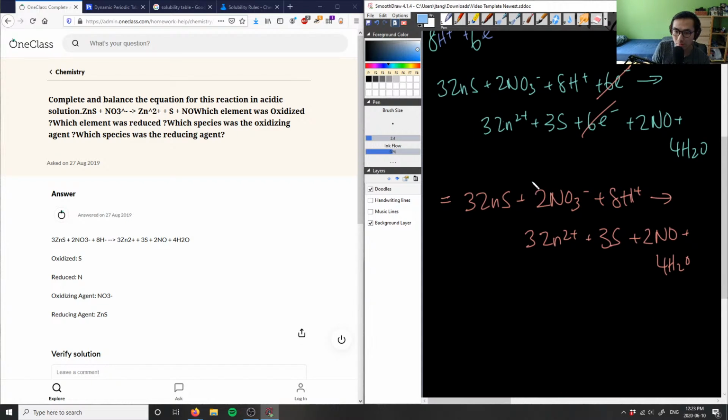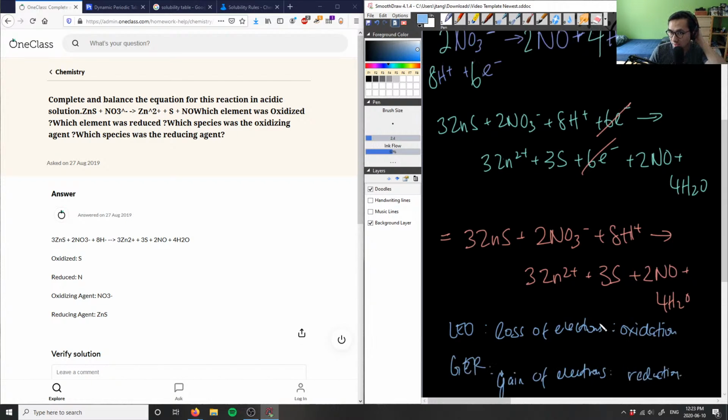Remember, our rule says LEO the lion says GER, which is the mnemonic for oxidation and reduction. The loss of electrons is the process of oxidation, and the gain of electrons is going to be reduction.